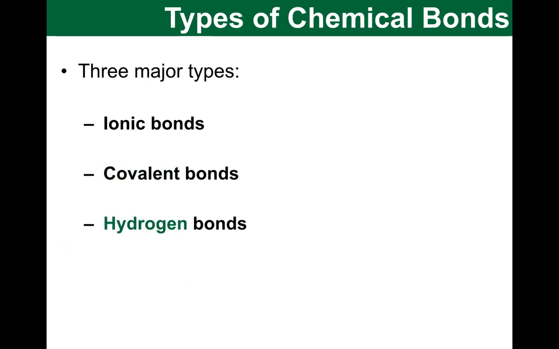Finally, let's look at hydrogen bonds. When we compare hydrogen bonds to the 2 previously addressed types of bonds, these are not really true bonds as such. Instead, hydrogen bonds are more like attractions.